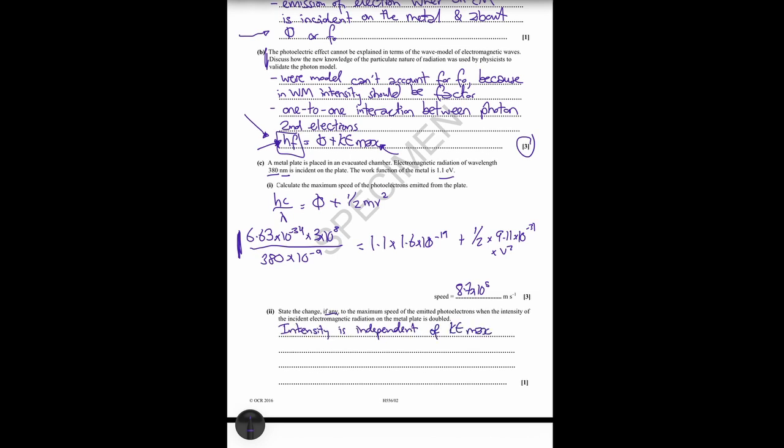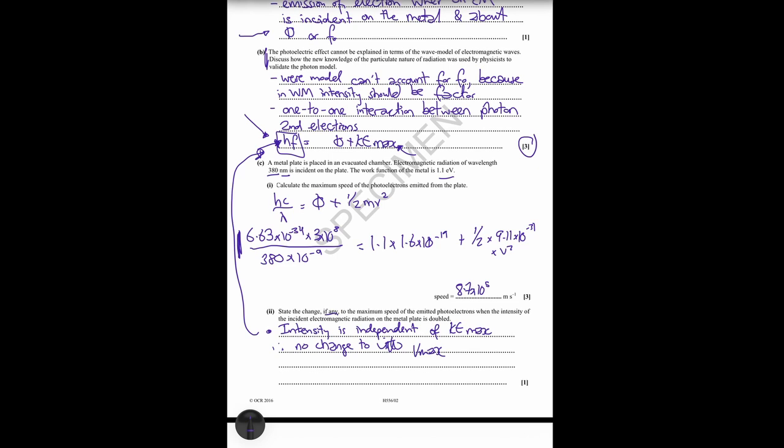If I can't remember that, I would just refer to that formula here and see it's got nothing to do with intensity. But because it's such a popular thing that comes up, hopefully I will remember. And then we can say, therefore, there's no change to KE max, or, sorry, does it say velocity? Maximum speed, so v max.